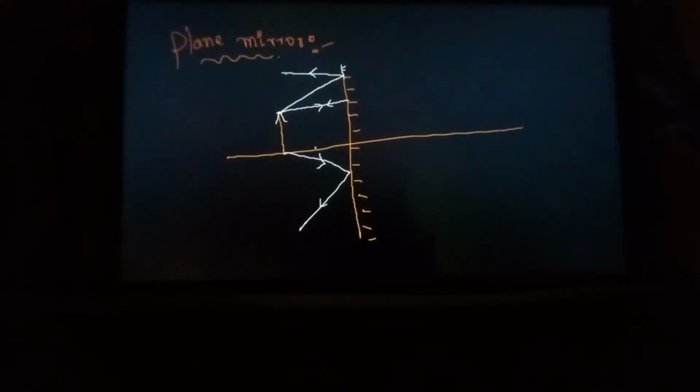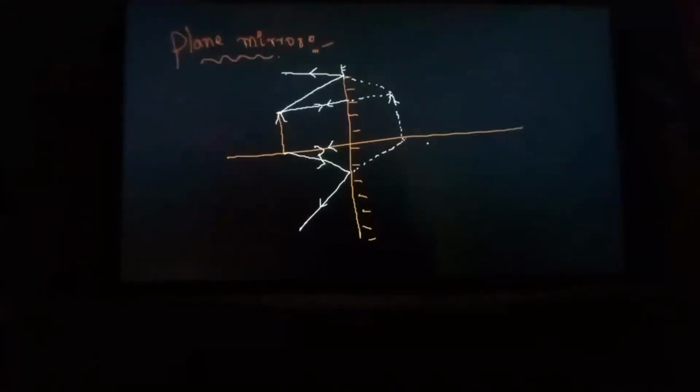If you extend all these light rays, the image will form here. A virtual image will form.